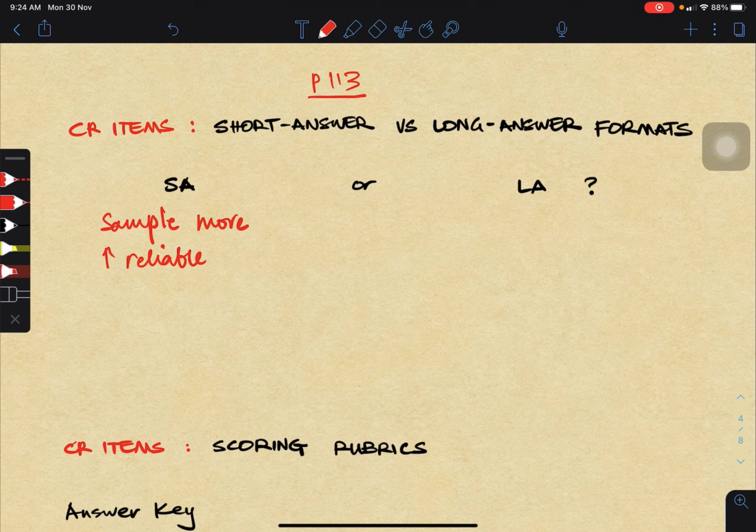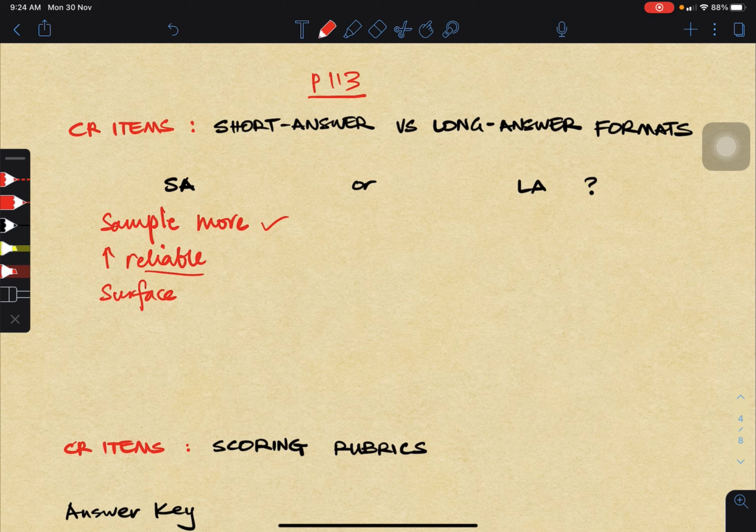But it does mean that the sampling is just at the surface. Probably ask them to define, just things which you can ask students to write in a short time. It says that it permits a broader sampling of content. More questions can be asked and answered, and the reliability of the content is thus improved.